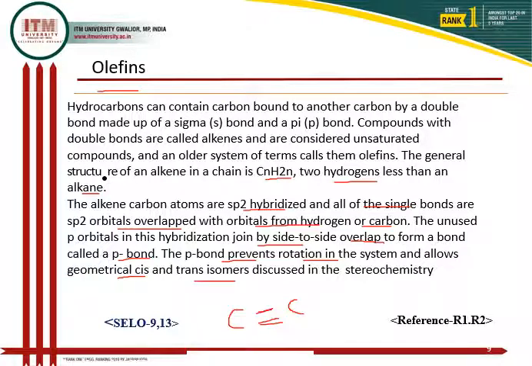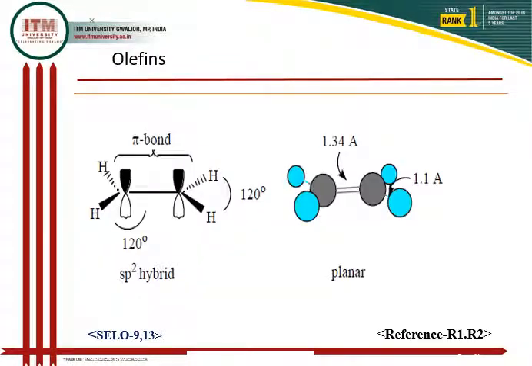In stereochemistry, if we talk about geometrical isomers, they possess cis and trans isomers. So let's have the structure along. We are talking about the sp2 hybrid orbitals.